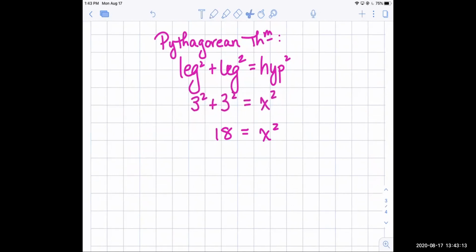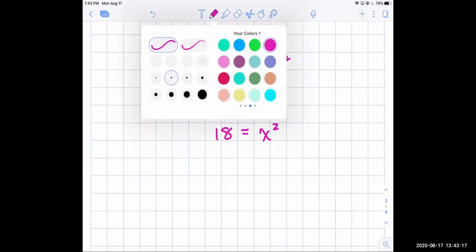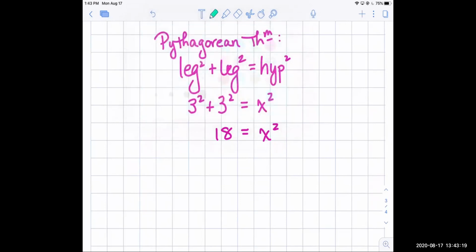Okay. And then after we do that, I want to simplify and express it as a simplified value. So x is the square root of 18. How do you break down the square root of 18 as a simplified value? You remember how to do that?